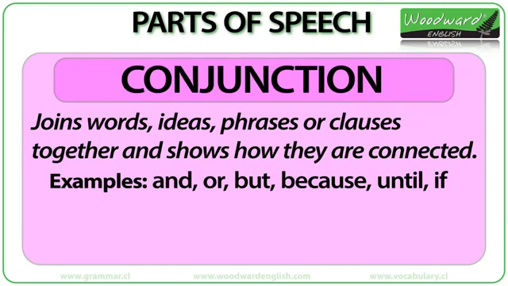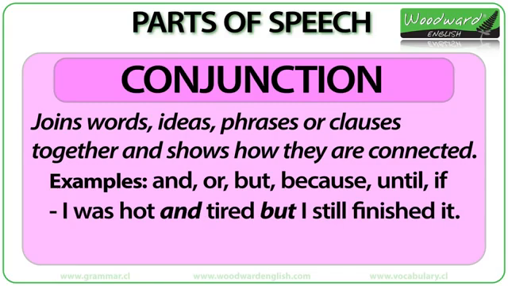A conjunction joins words, ideas, phrases, or clauses together in a sentence and shows how they are connected. Examples are and, or, but, because, until, if. I was hot and tired, but I still finished it.